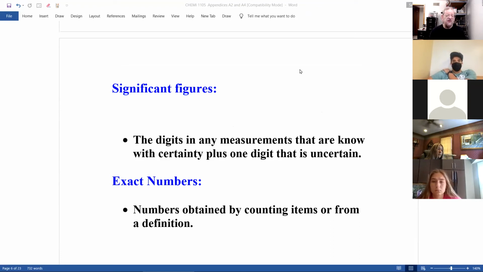Now, there's another type of number called exact numbers. And these are numbers either obtained by counting or numbers that are in the definition, like the one I gave you earlier for converting temperature. There were exact numbers in those formulas. Let's look at significant figures and let me explain what this really means.